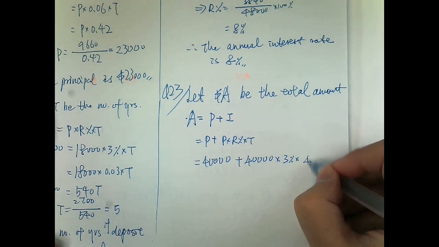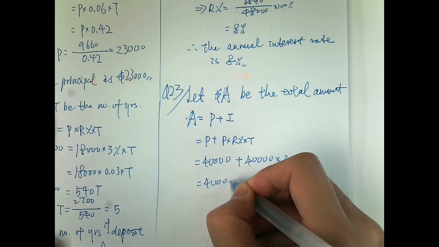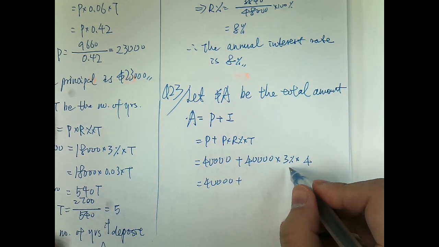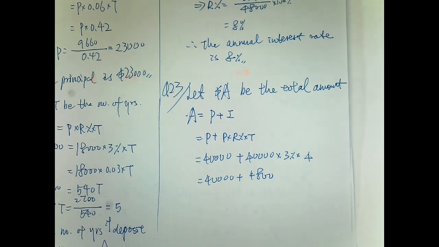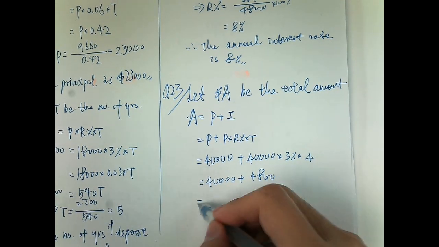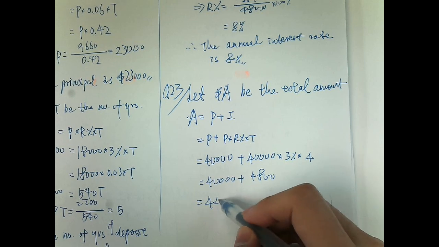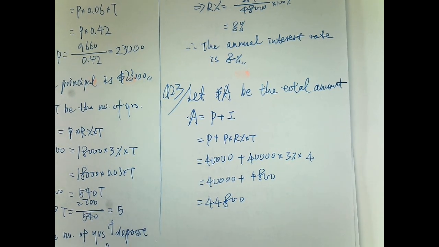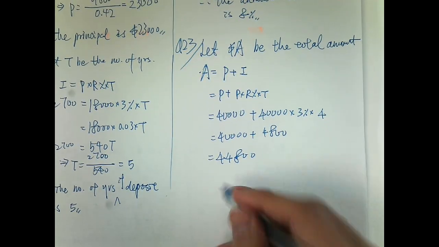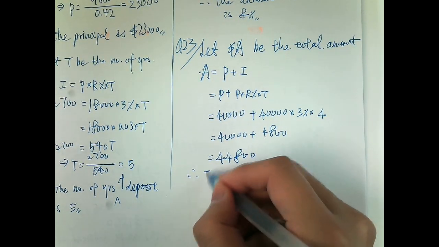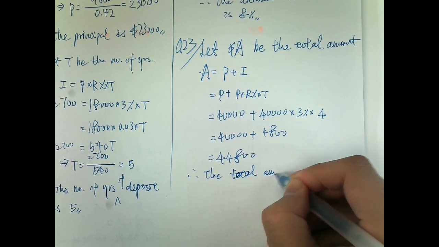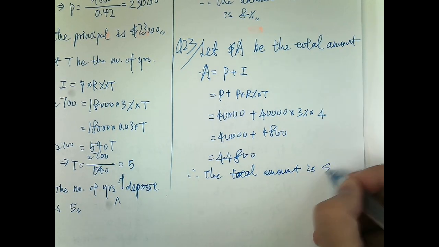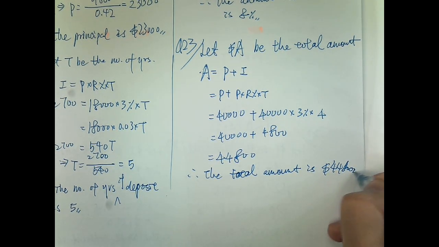And then here is 4, understand? So calculate this first. This should be 0.03. Go to your calculator, don't make it wrong. This is 4,800, which will become 44,800. Understand? So conclusion, the total amount is 44,800. Okay.